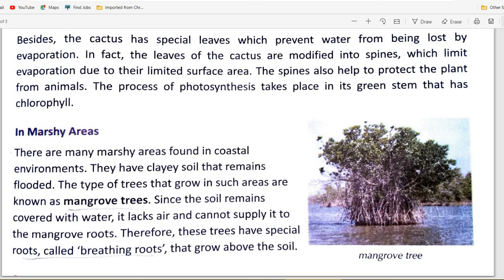And marshy trees, we know these trees are called mangrove trees, and these types of trees are found near coastal areas.